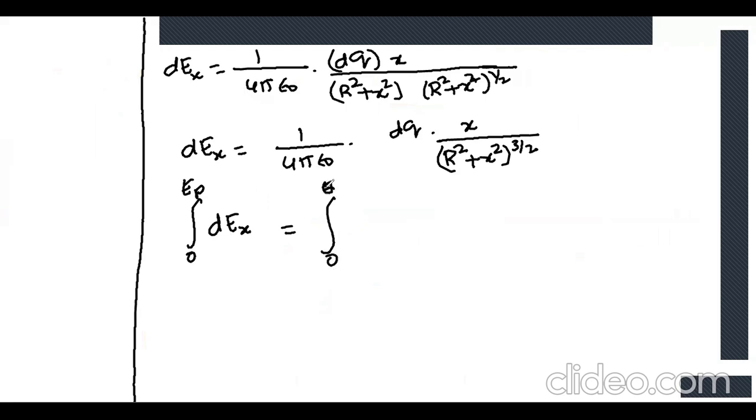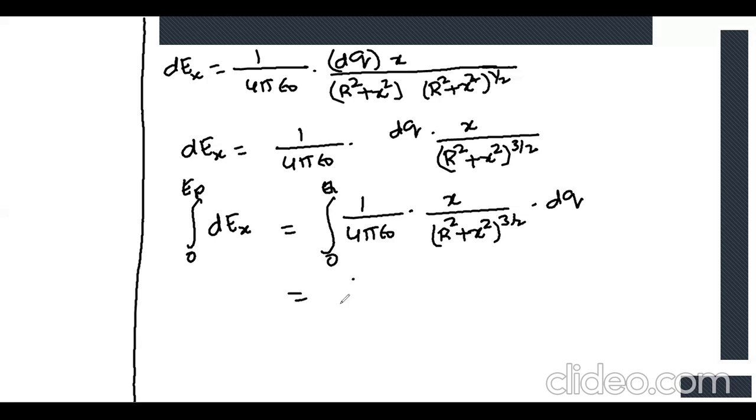With respect to charge we are integrating; the remaining terms are constants, so bring them outside: 1 by 4 pi epsilon naught into x by r square plus x square whole power 3 by 2, integral dq.